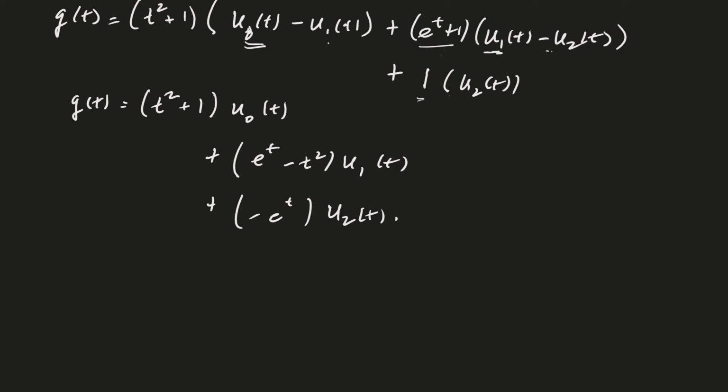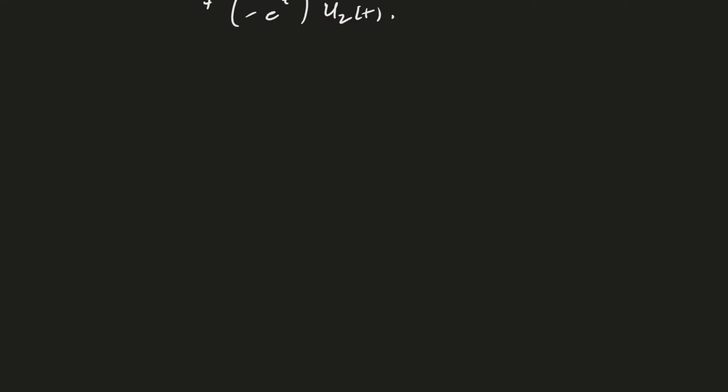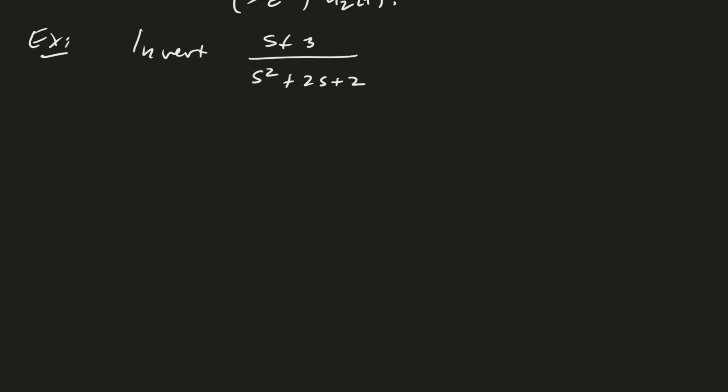Good. I'm going to pause for a second and write up the next question. All right, so we're going to invert the transform s plus 3 divided by s squared plus 2s plus 2. Here's a hint in the denominator.